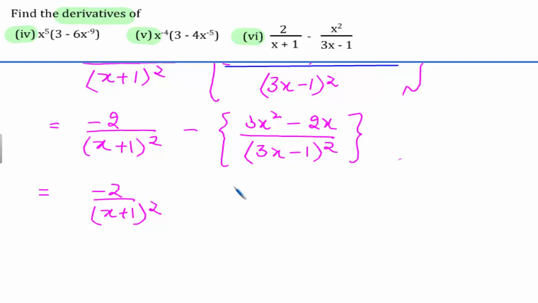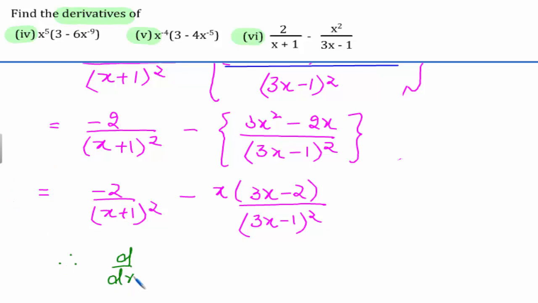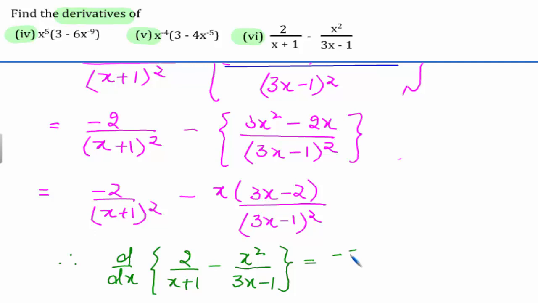Therefore, the derivative of the given function 2 upon x plus 1 minus x square divided by 3x minus 1 is equal to minus 2 divided by x plus 1 whole square minus x into 3x minus 2 divided by 3x minus 1 whole square. So this completes the solution.